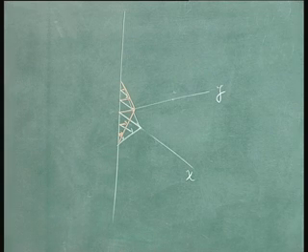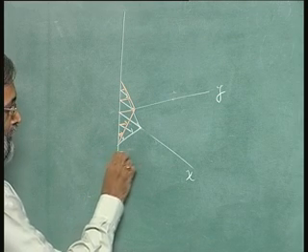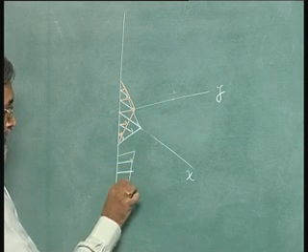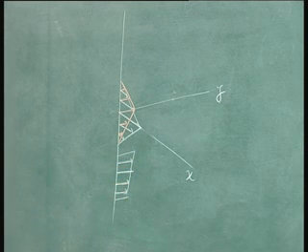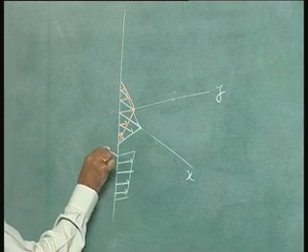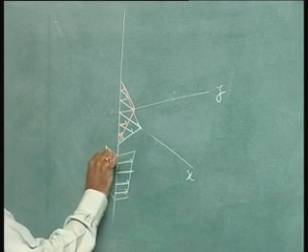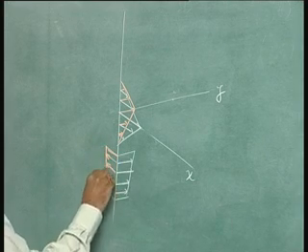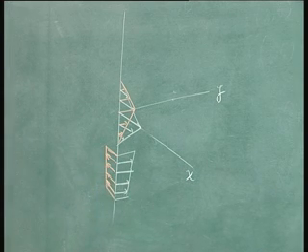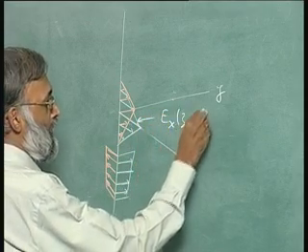Let us say that I also have an electric field that is in the y direction. In that case, my magnetic field would be in the minus x direction. So, this is E x of, let us say, z minus c t.